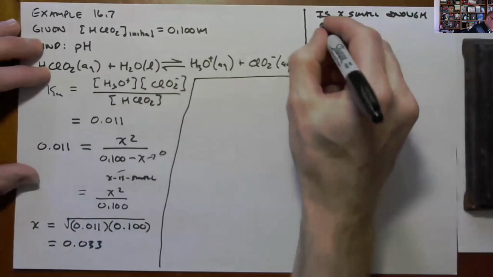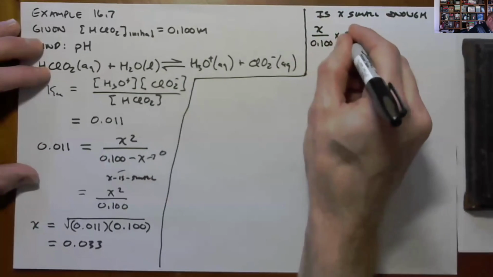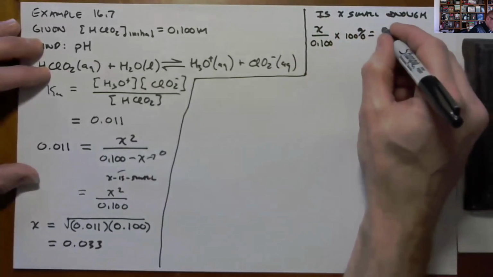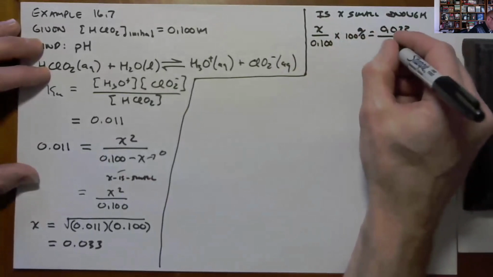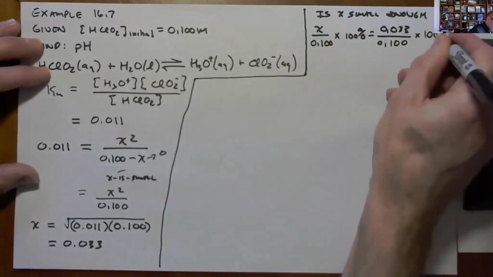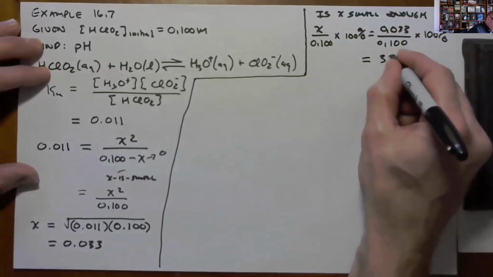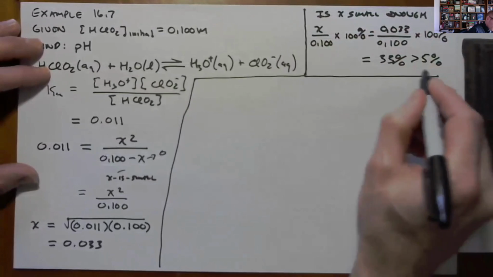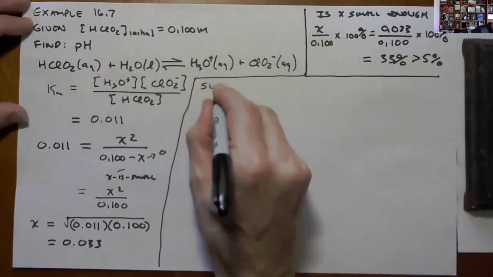The percent ionization is X divided by our initial concentration times 100%, which is equal to 0.033 divided by 0.100 times 100%, which is equal to 33%, okay, which is greater than 5%. So clearly the X is small approximation does not work. So what do we have to do? Successive approximations.